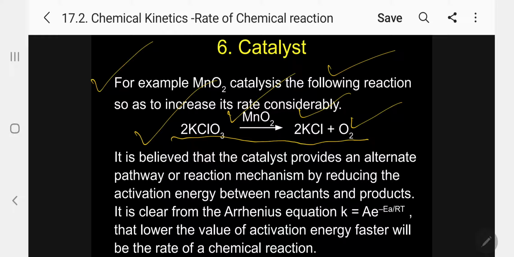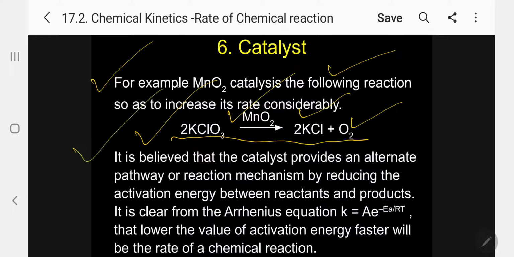That means the catalyst will increase the rate. How can it increase? It will decrease the energy of activation. The catalyst decreases the energy of activation because it collides with the reactant molecules, giving some more energy to reach the threshold energy. That's why it is fast.